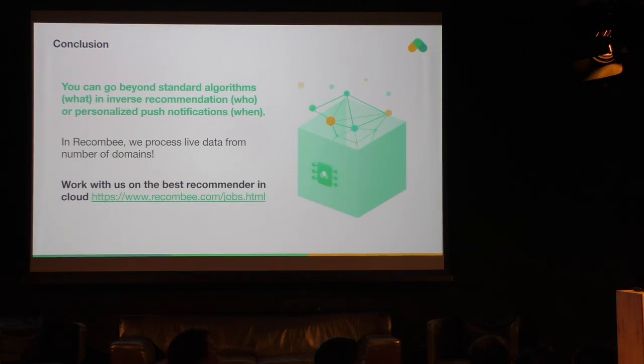Yeah, this is actually a very good question. We haven't mentioned that algorithms are perfect, but then you need to make it scalable, and you need to make it adaptive, and you need to make it real time, and you need to process everything in 200 milliseconds and stuff like this. So this is something that we haven't been talking about. Also, we have the so-called Recombee query language on top of this.